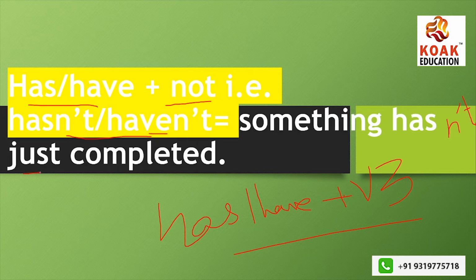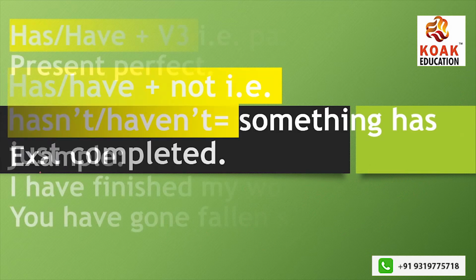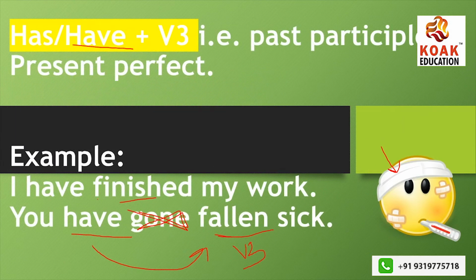For example, when I was saying I have finished my work, it means just now I have finished my work, okay? And if I say you've fallen sick, it means, oh my goodness, just now you've fallen sick. This man has just now fallen sick. See, look in his eyes, okay?